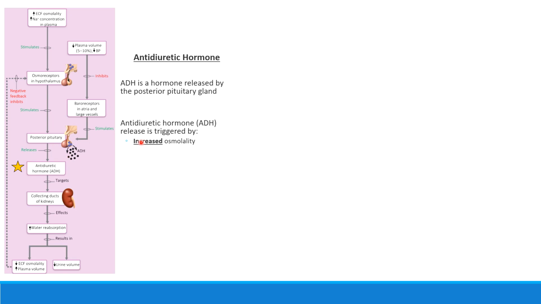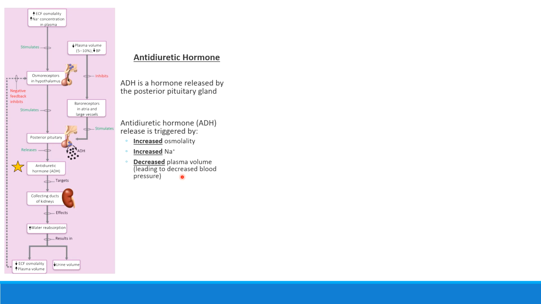So if we have an increase in osmolality, meaning there's not very much water and a lot of solutes in comparison, increased osmolality equals increased antidiuretic hormone. Similarly, if we're checking the chemistry of the blood and sodium levels have increased, this also leads to more ADH.